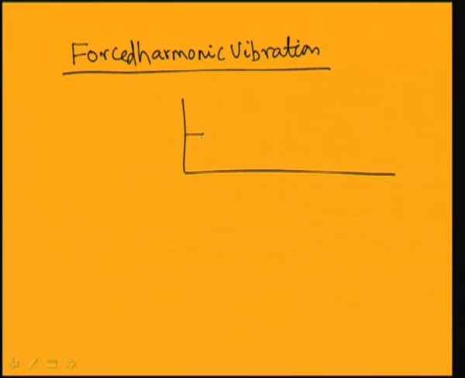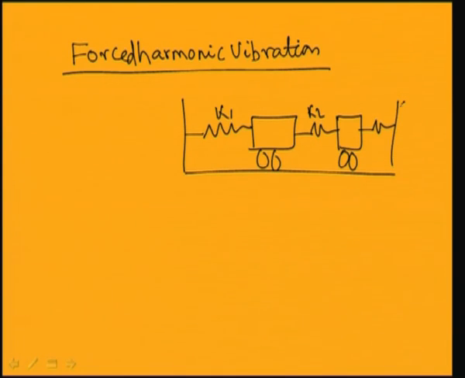So let us take the system. So this is a spring mass damper system. So this is K1, this is K2, and I will take another spring also, this is K3. So this is mass M1, this is mass M2, and this mass M1 is moving with a displacement x1.